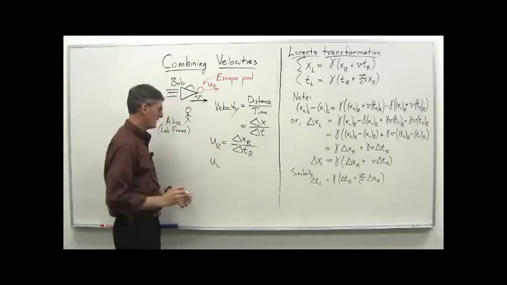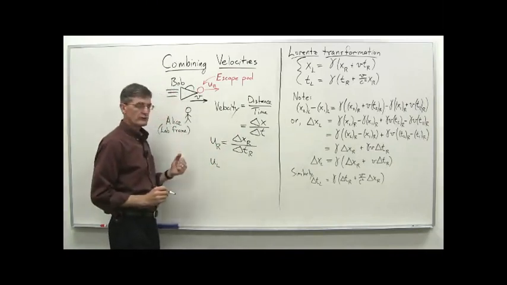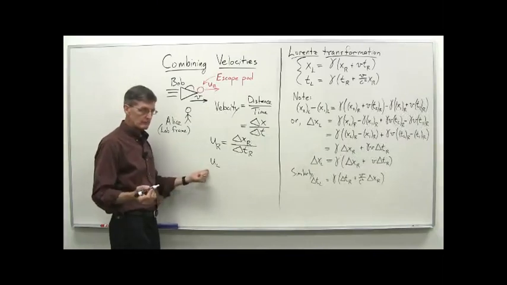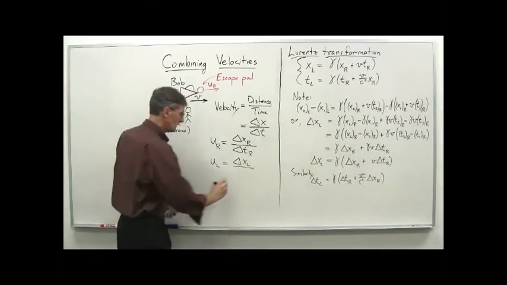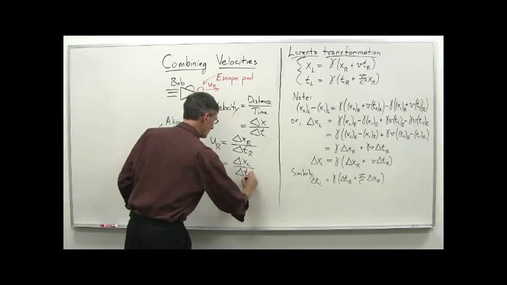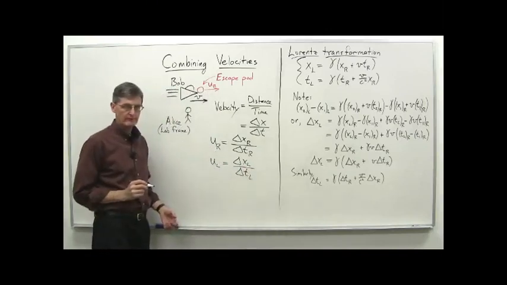What we can say right off the bat, just from the basic definition, is that the velocity of the escape pod in Alice's frame of reference is going to be u sub L. It's the distance covered in her frame of reference divided by the time elapsed in her frame of reference.